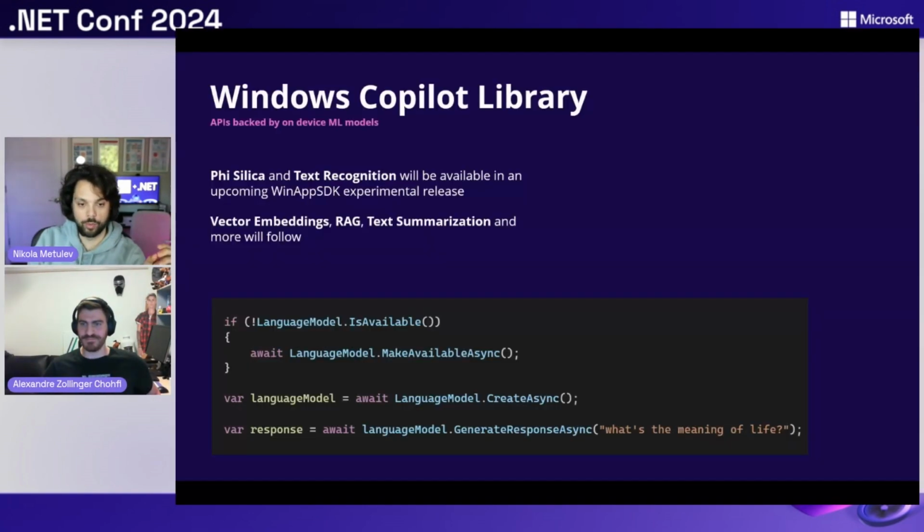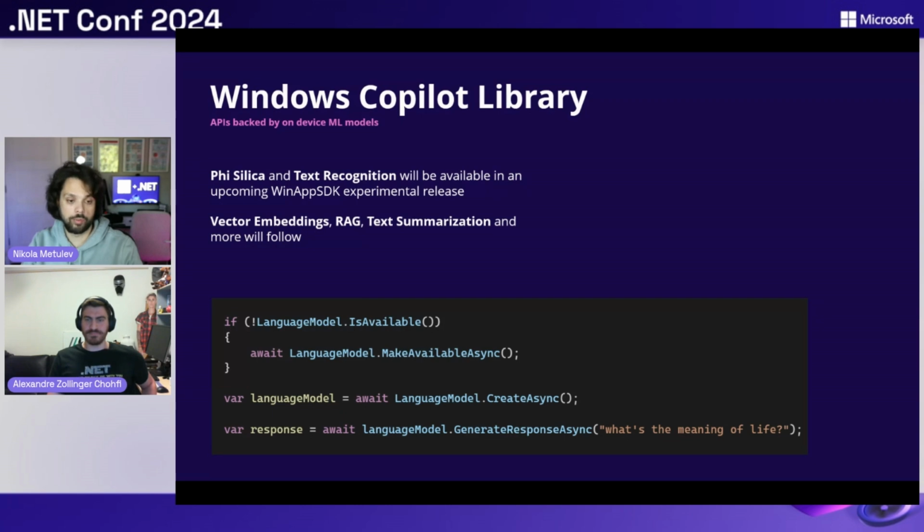Let's just recap the technology that we looked at here from what we talked about. The first thing I showed in my demo was using the Windows Copilot Library APIs. Those allow you to leverage existing models that are part of Windows and make them available to you as APIs as part of the Windows App SDK. And they will be available starting with the latest experimental release later this year.